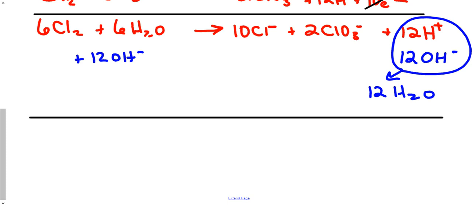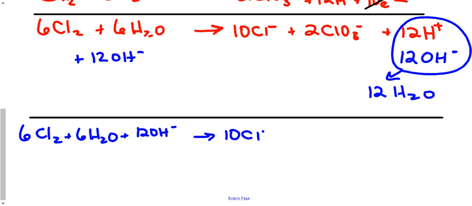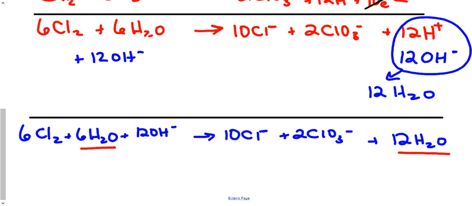If I write out again what I have at this point, I've got 6 Cl2s and 6 water molecules and 12 hydroxide ions on the reactant side. On the product side, I've got 10 Cl minuses and 2 ClO3 minuses and 12 water molecules. Well, already I can see that I've got water molecules on both sides. I've got 6 of them here and 12 of them there.